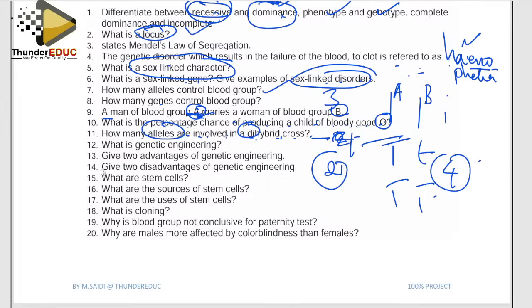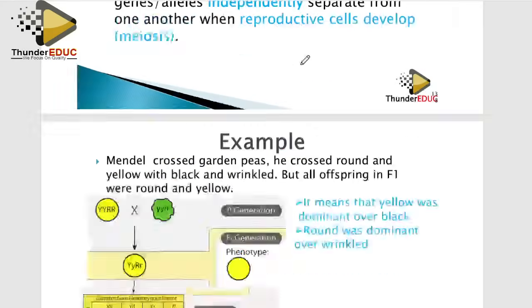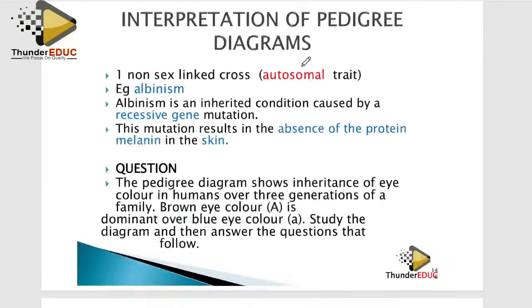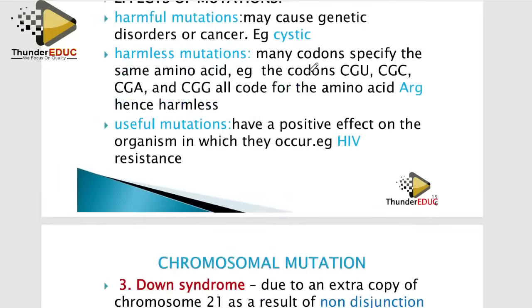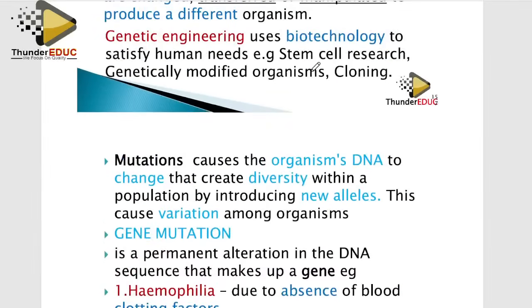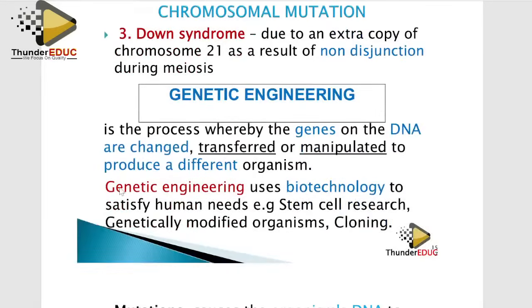Yes, they're asking, what is genetic engineering? When you talk about genetic engineering, we are talking about manipulating. Whenever you talk about engineering, you're talking about manipulating. What are you manipulating for? To bring about human needs.